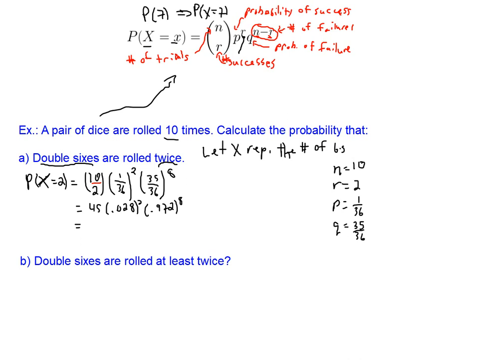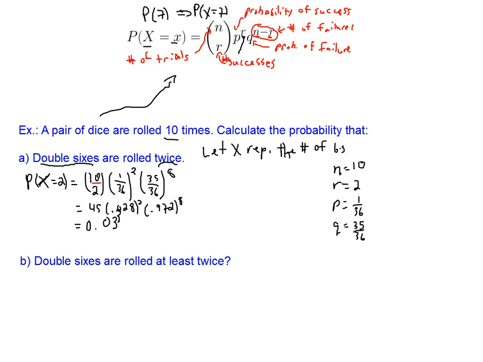And then so now we can just multiply this all together and see what we get. So we'll do 45 times 0.028 squared times 0.972 to the 8, and we get approximately 0.03. Oh, sorry, I got my 3 in the wrong spot.